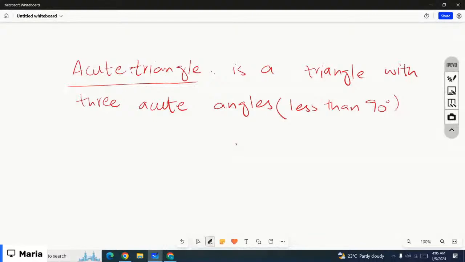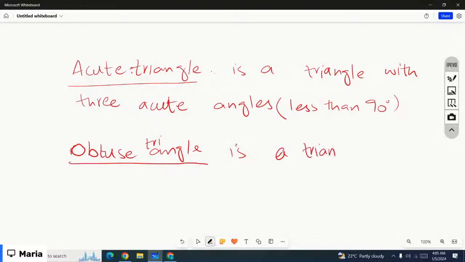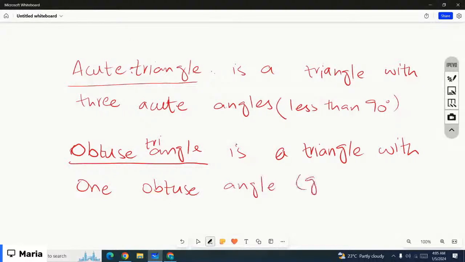Obtuse triangle is a triangle with one obtuse angle, because an obtuse angle is one that is greater than 90 degrees.